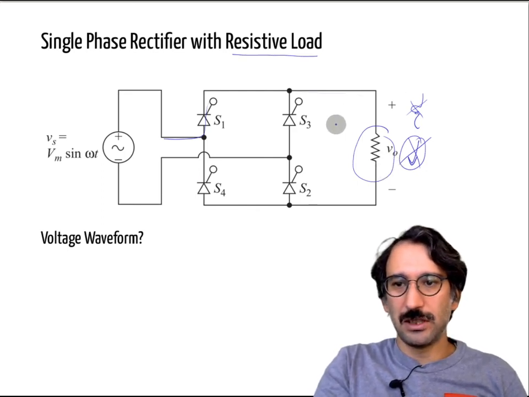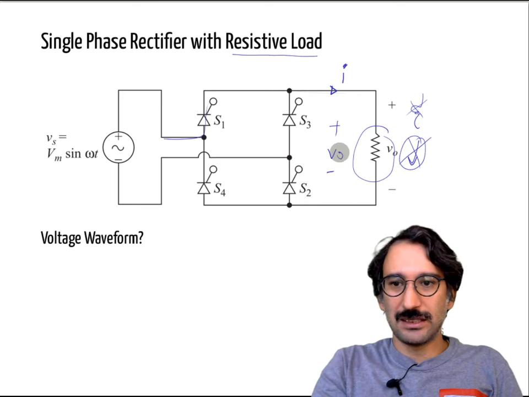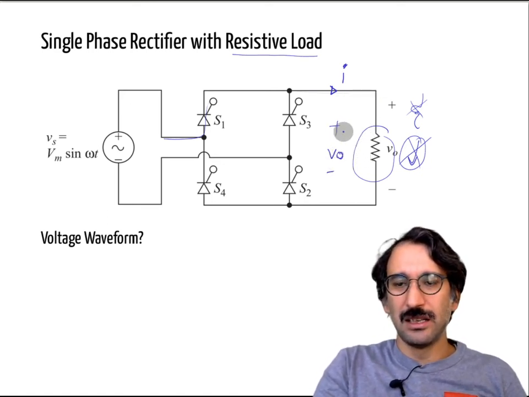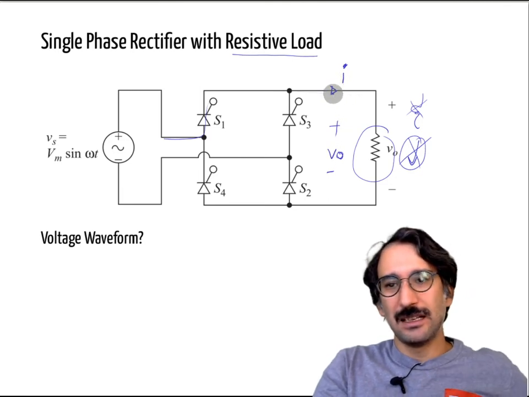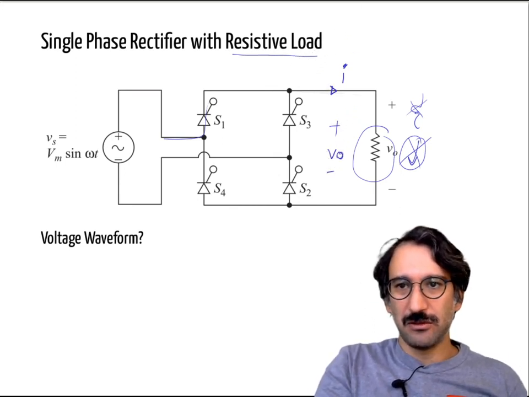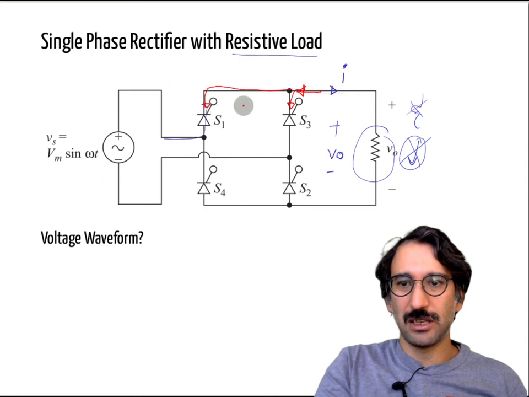So resistive load means whenever your output voltage goes negative, your current will be identical with it. But actually, if you look at here, it is not possible to have negative current because they are behaving like diodes. Even if you apply some gate signal, there is no path for them to carry negative current.